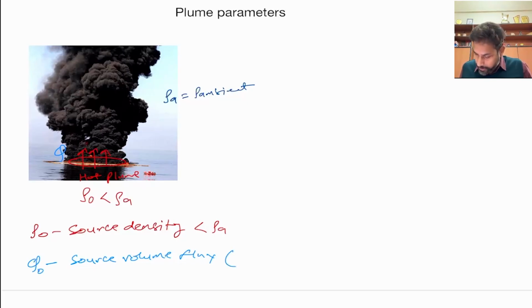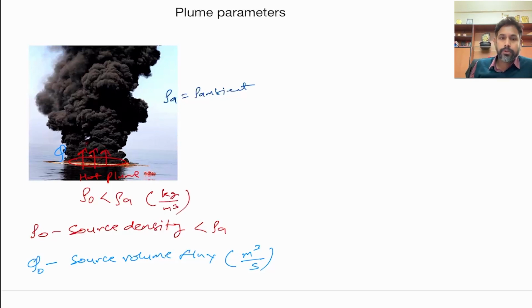And what are the units? Source volume flux must be meter cube per second. That is the volume of fluid passing, or getting released, per second of time. And the unit for the density should be kilogram per meter cube.